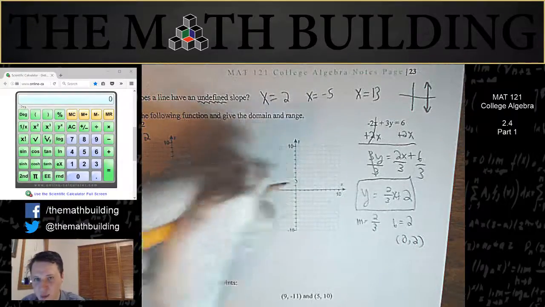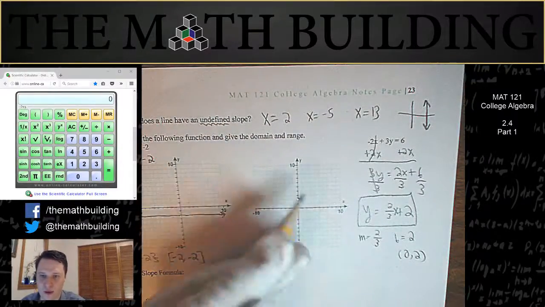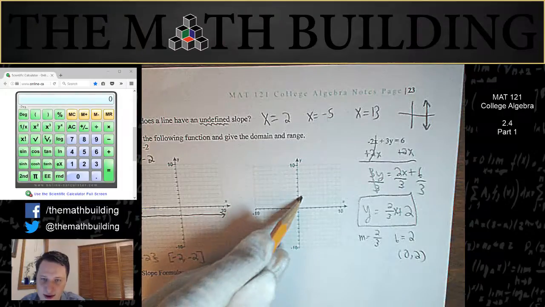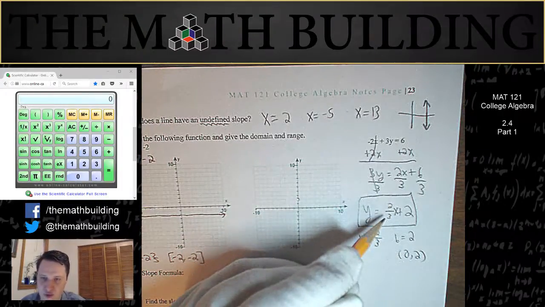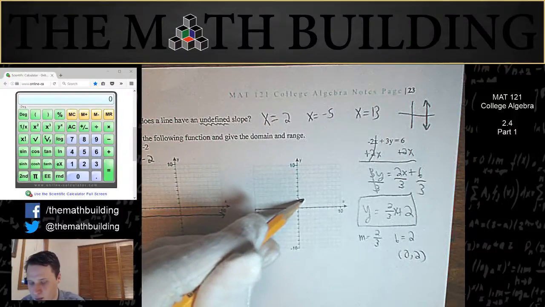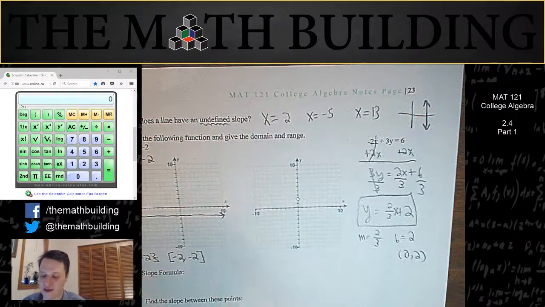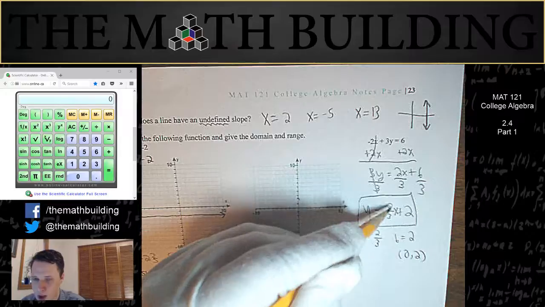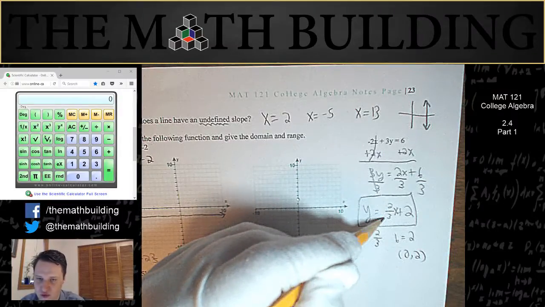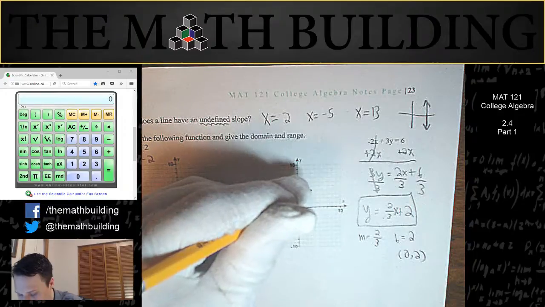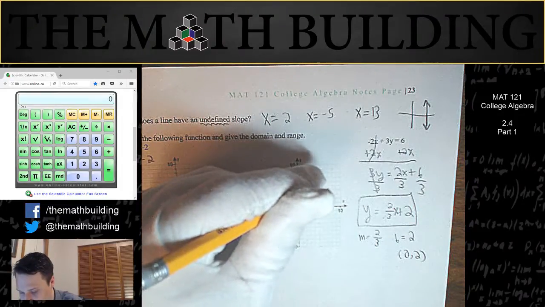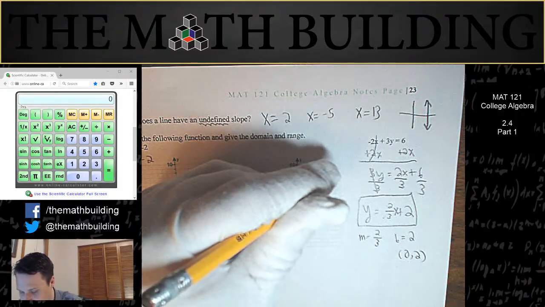And then from this point right here, every time we move by x 1, we move with our slope. So slope is rise over run. If we go over 1, we go up 2/3. That's a little confusing, so instead you can go up 2 over 3, and that's the same result. So up 2 over 3, up 2 over 3, up 2 over 3.